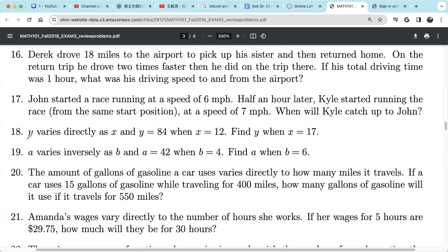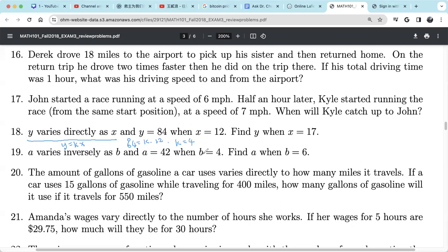Now let's say y varies directly as x. Remember, this gives us y equals k times x. Varies directly, direct variation, the relationship is y equals kx. And when y is 84, x is 12. So we can solve for k by dividing by 12 on both sides.